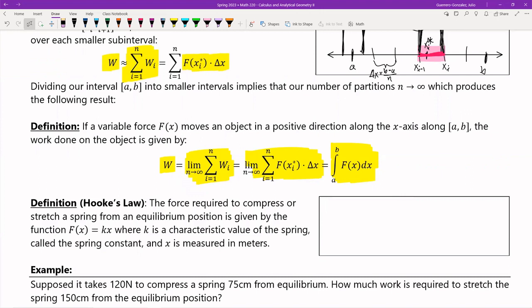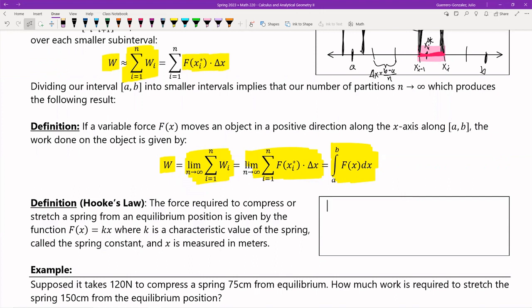One of the applications that we're going to be able to see, at least for now in Calc 2, and once you get into Physics 1 if you haven't taken that before, is Hooke's Law. Hooke's Law deals with stretching and compressing a spring.